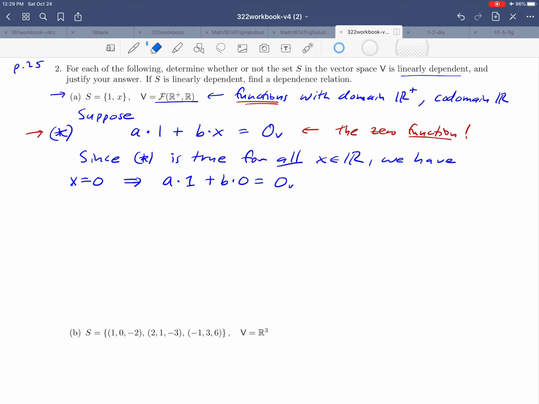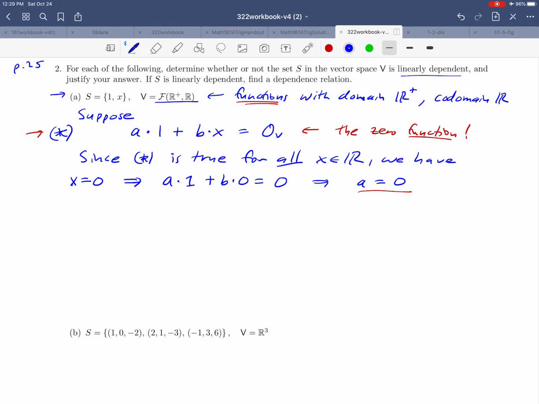Actually, we substituted a number in, so we're talking about scalars now at this point. What does that simplify to? Well, b times 0 is 0, so that tells us that a has to be 0. We now know that in order for equation star to be true, a has to be 0.